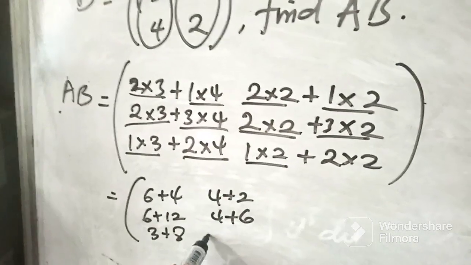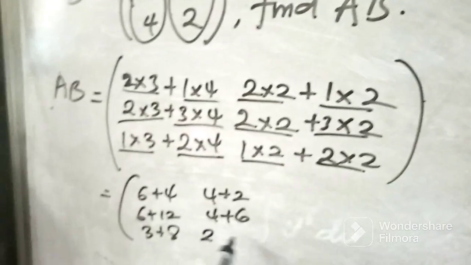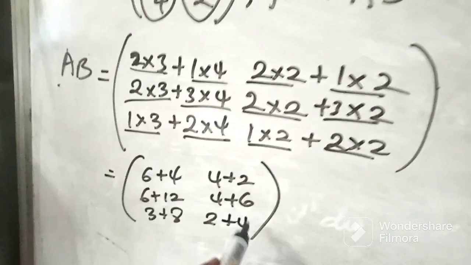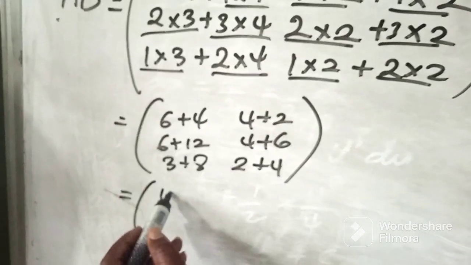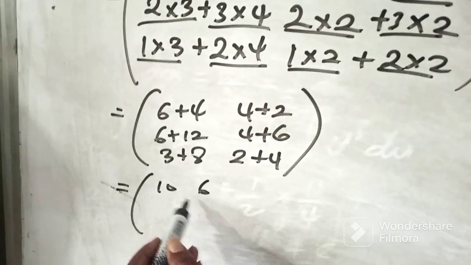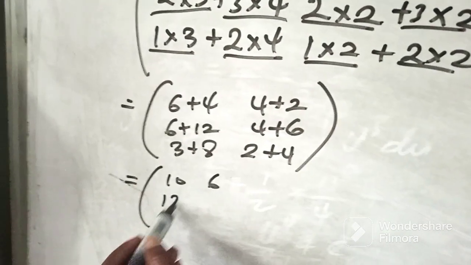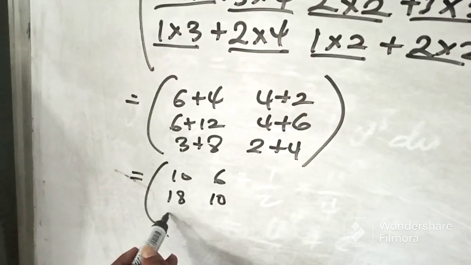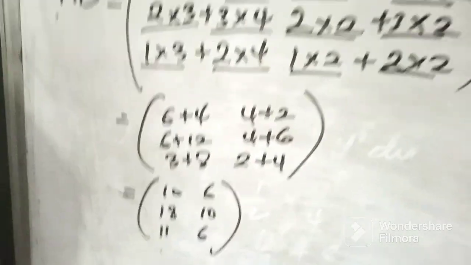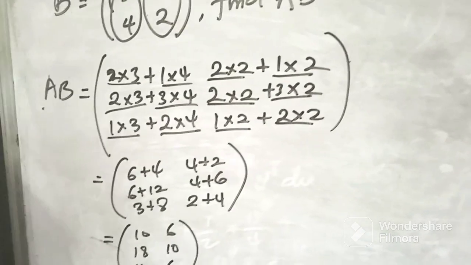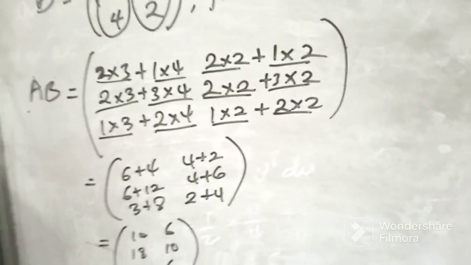And if I multiply this, I'm going to have 2 plus 4. So from here, I will have my final answer to be 10, 6, 18, 10, 11, 6. So that's the final answer.